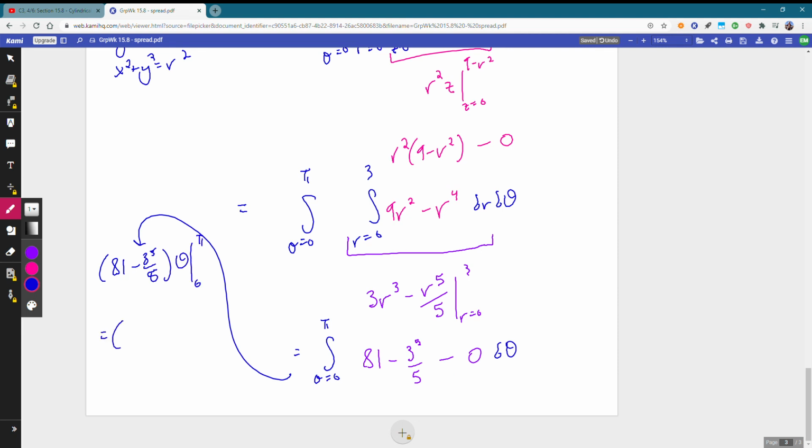Let's plug it in. 81 minus 3 to the 5th over 5 times pi, and then when we plug in 0, we'll get 0. And so right here on the left is the true value of our integral that we get after we translate to cylindrical and work through it.